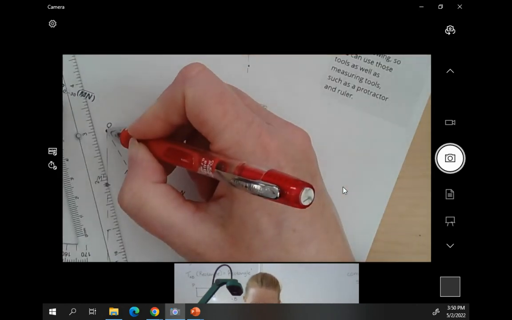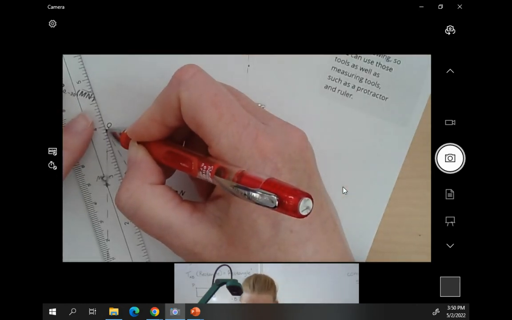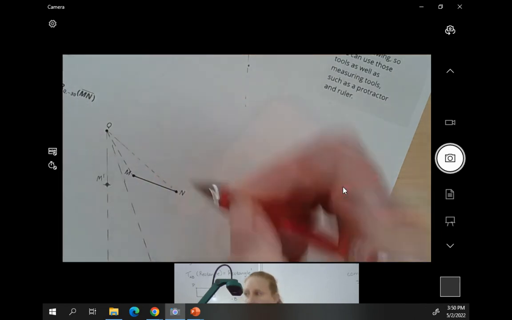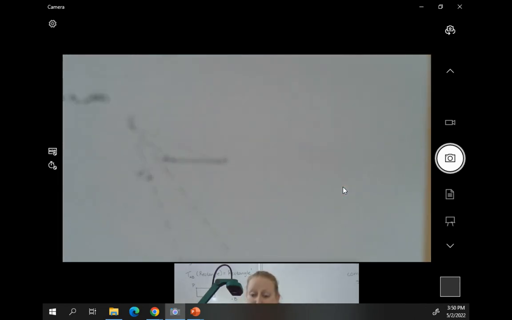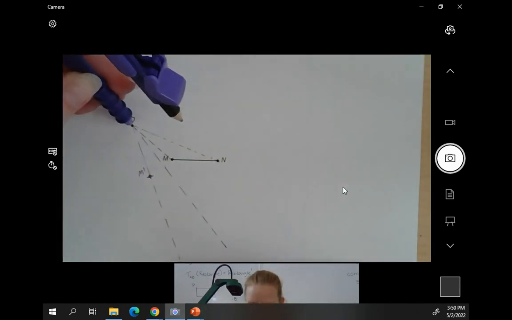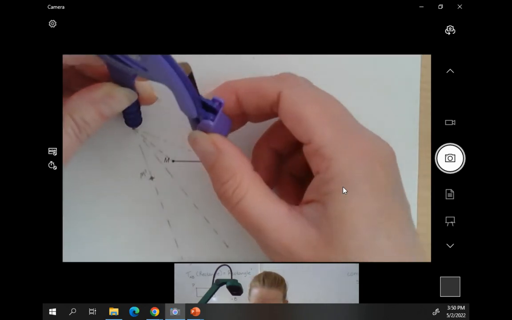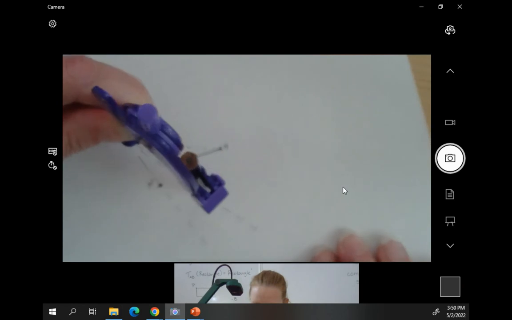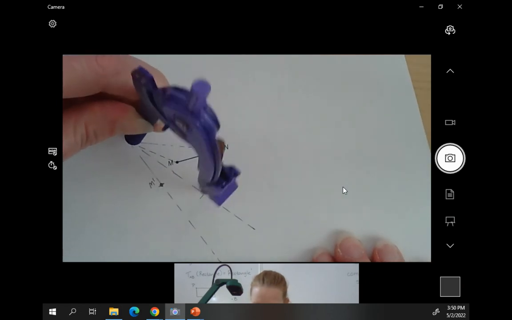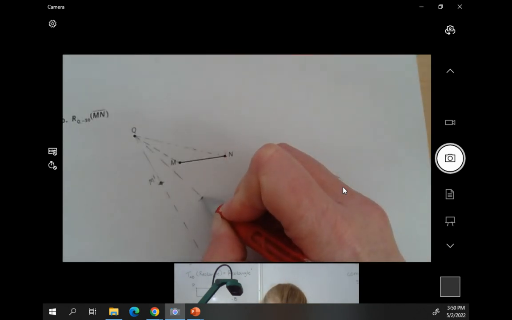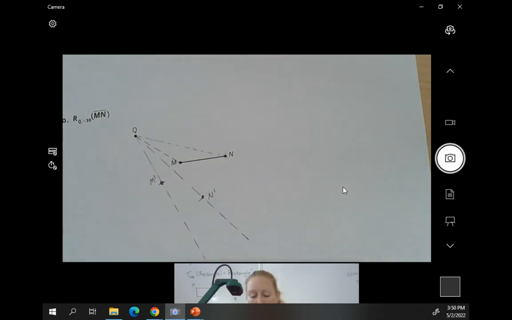I'm going to connect that to Q. I know it's way too long, so I'm going to put my stabby side on Q. I will adjust my pencil until it touches N. And then I'll just come over and make a little mark. So it looks like it should hit right about there. And there's my new N prime.